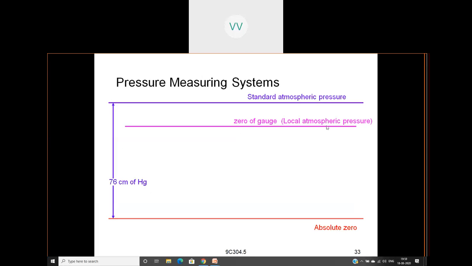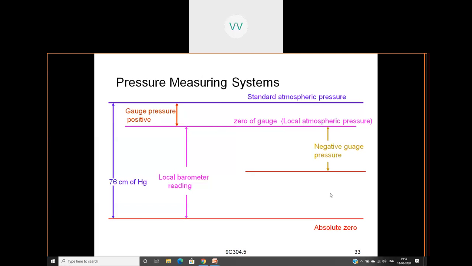Then coming to the local atmospheric pressure or zero of the gauge, this is going to be the local barometer reading. That means whatever the barometer reads is being shown by the gauge. Above the zero of the gauge you have the positive pressure, and below the zero you have the negative pressure. This sketch shows you the different systems and the relationships.